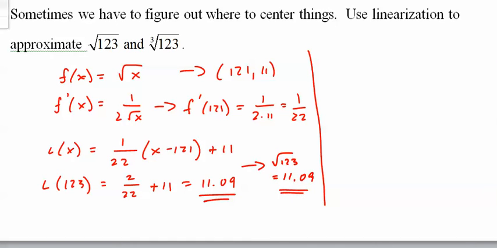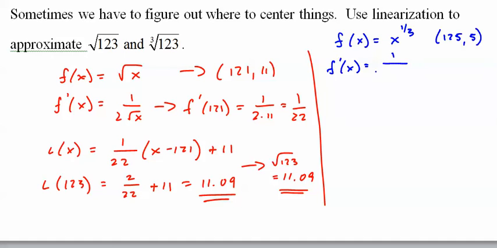It's kind of cool. This one we will say f of x equals the third root, and we'll use 125. Third root of 125 is 5. F prime of x equals 1 over 3x to the 2/3. F prime of 125 equals, third root is 5 squared is 25, 1 over 75.